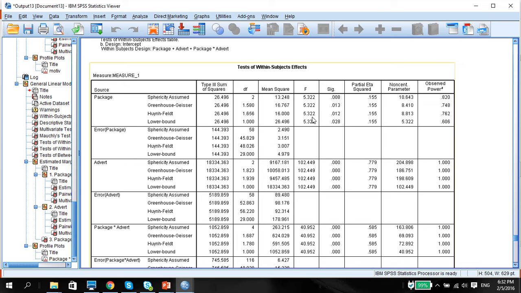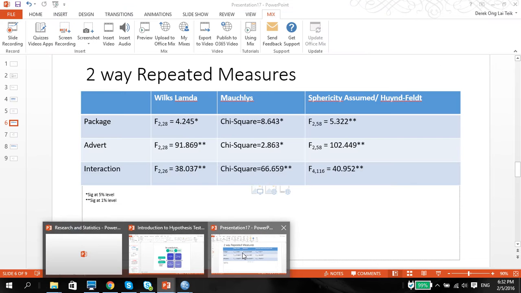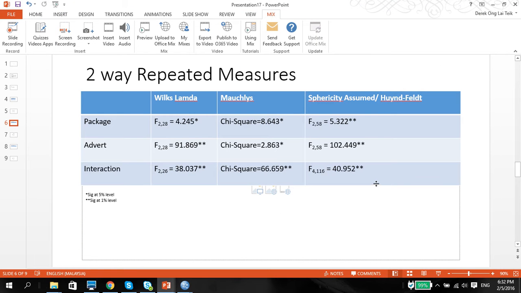So 5.322, 102.449, and of course 40.952, using each individual error. So the error degrees of freedom will be 258, 258, and 4116.